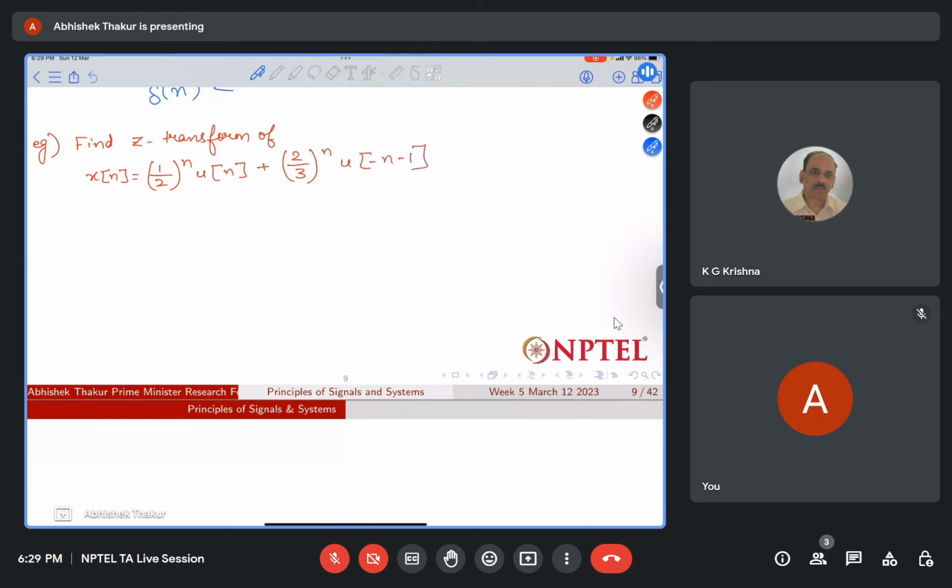In this signal, it is given that x[n] is equal to half to the power n u[n] plus 2 by 3 to the power n u[minus n minus 1]. So we have to find the Z transform of this.